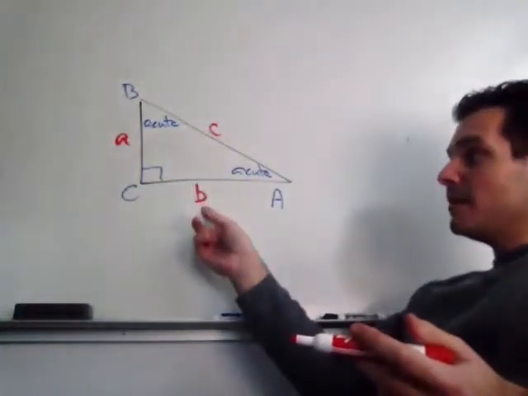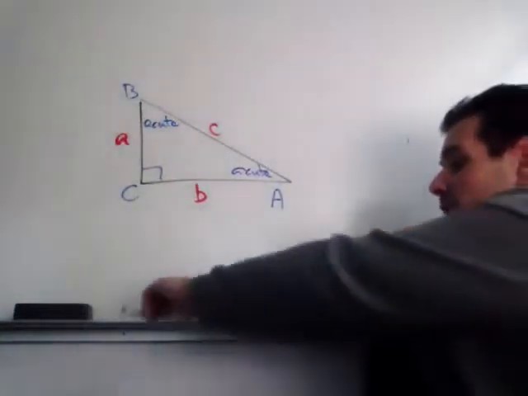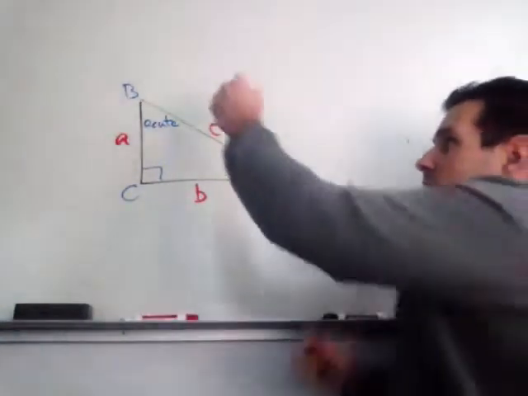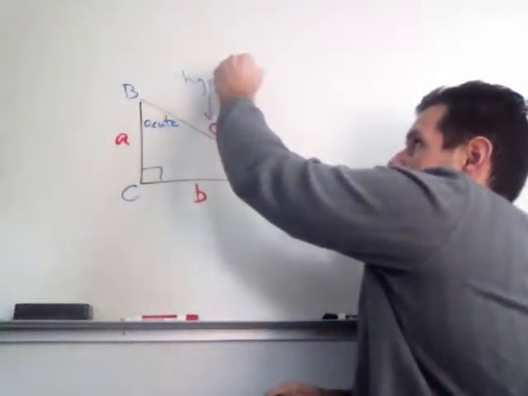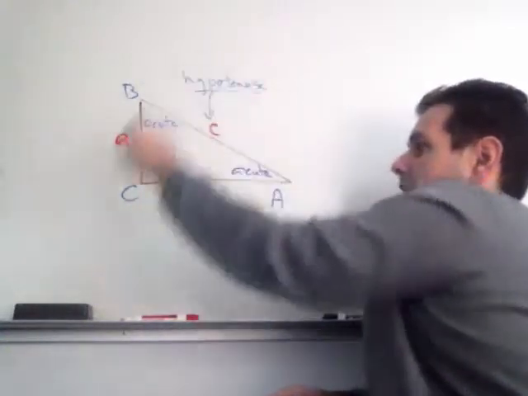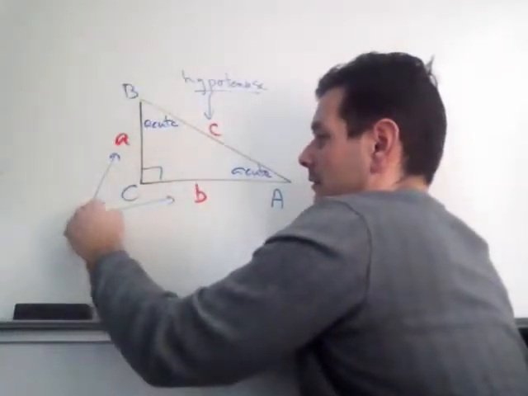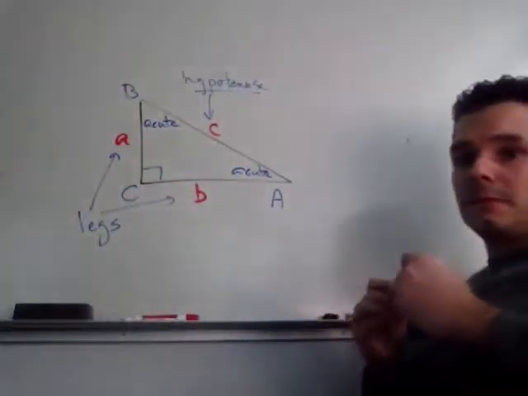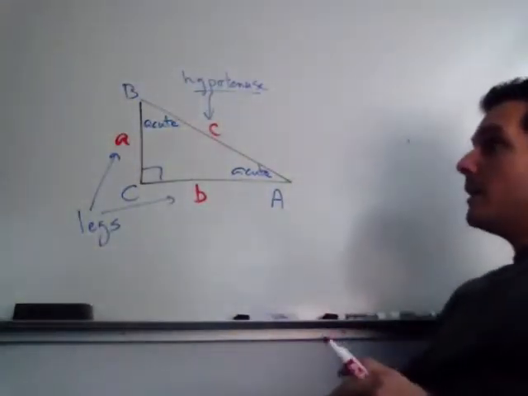Lowercase a and lowercase b are known as legs, and c is known as the hypotenuse. So this would be the hypotenuse, and a and b would be legs.